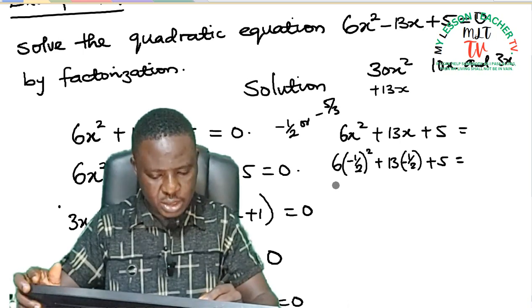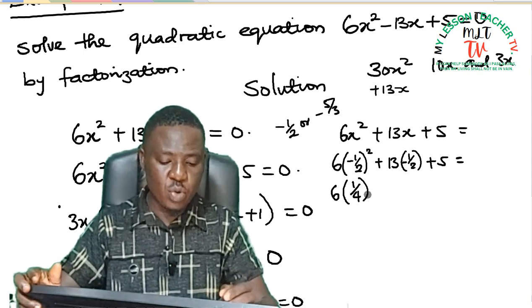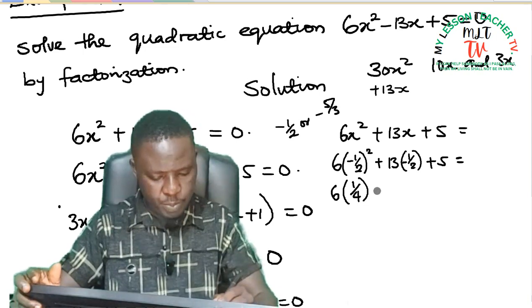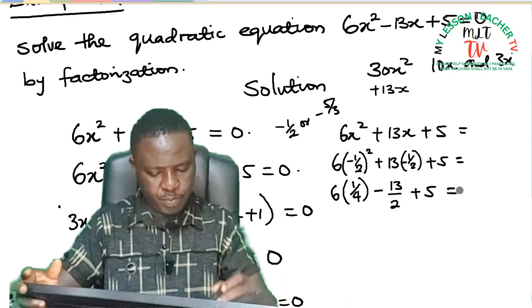You first of all square this. This becomes 6 into plus 1 over 4, for minus half squared is said to be 1 over 4. This becomes minus 13 over 2 plus 5. Will it be equal to 0?